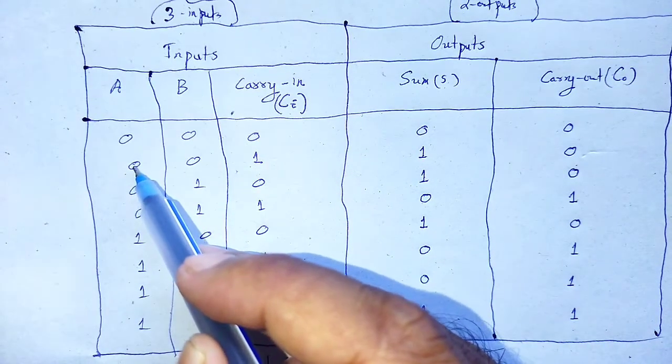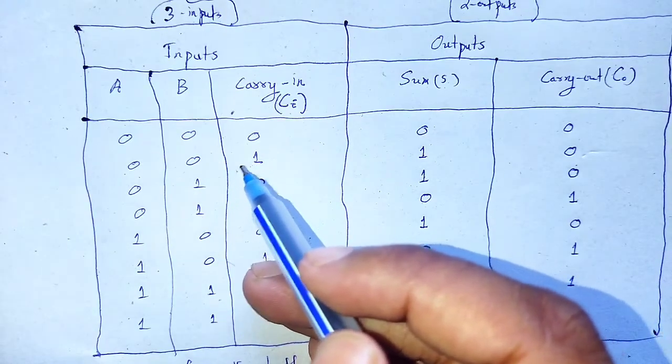In case of 0 we write the prime, in case of 1 we write it unprimed.